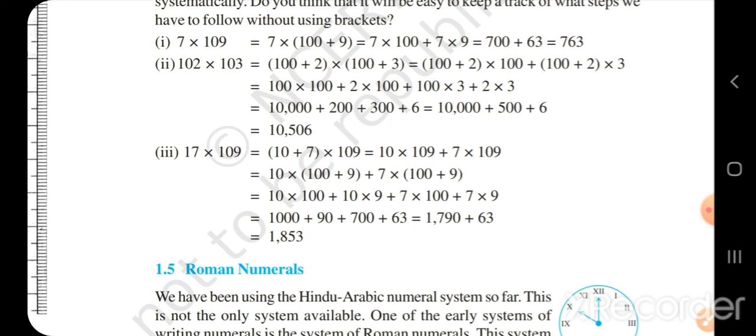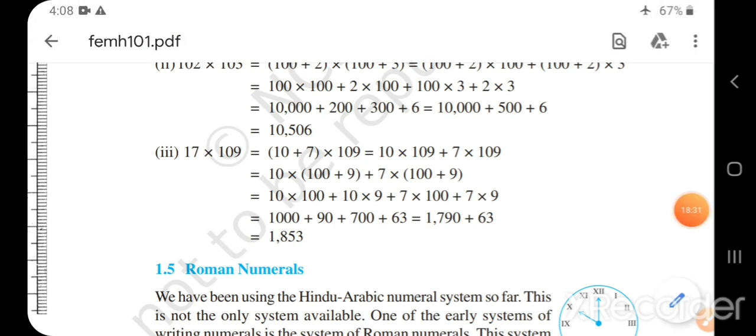Now add it. 1000 plus 90 is 1090, plus 700 is 1790, plus 63 is 1853. So that's all for today. In the next lecture we will learn about Roman numerals. Thank you.